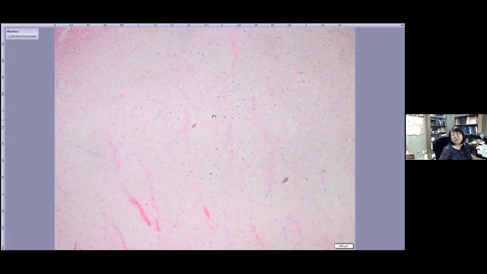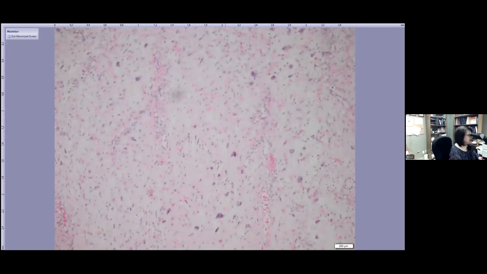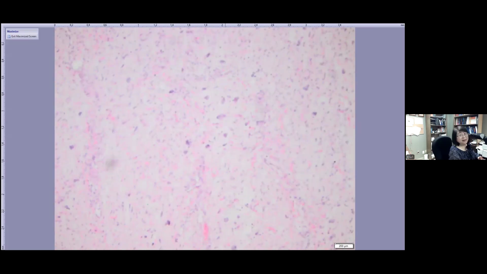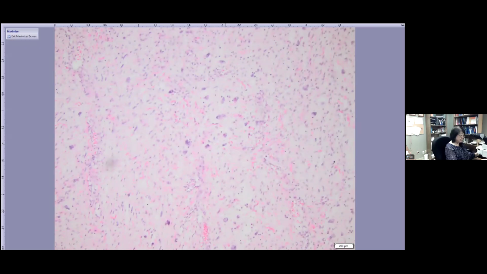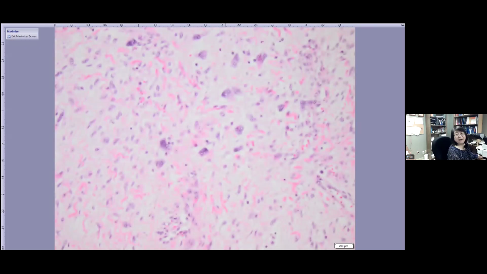Some giant cells. That's a giant cell. So those are multinuclear giant cells, some indentation, and in the background fibrous tissue, so spindle cells.